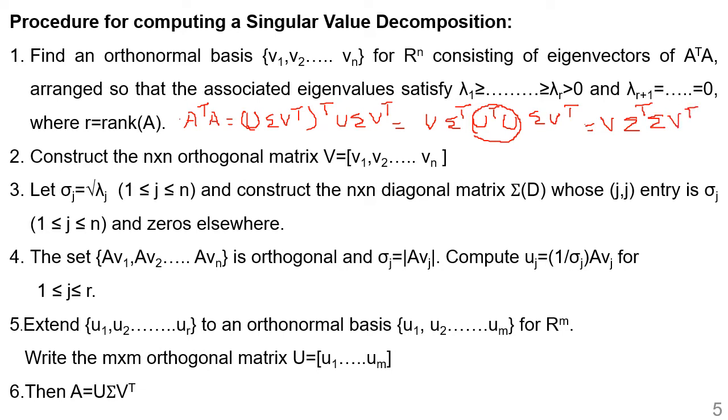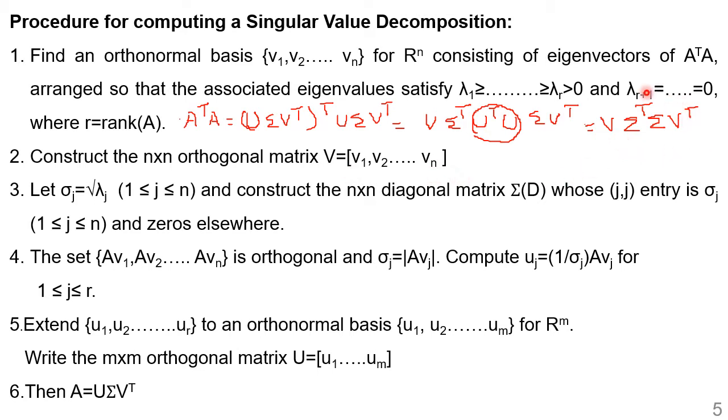So we can say that the eigenvectors of A transpose A comprise the matrix V, that is defined as V1, V2 up to Vn in the n-dimensional space. Once we know these eigenvectors V1, V2 up to Vn, we can construct the orthogonal matrix, which is going to be an n cross n matrix defined as V equal to V1, V2 up to Vn.